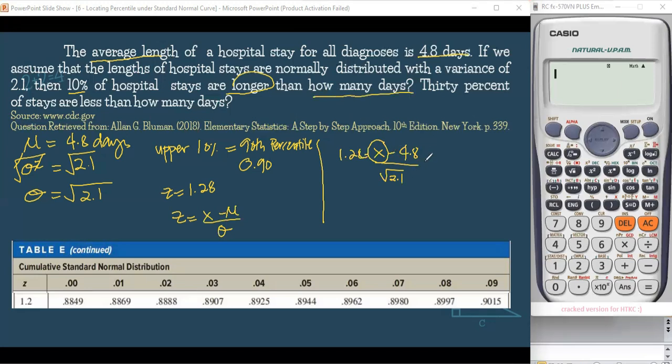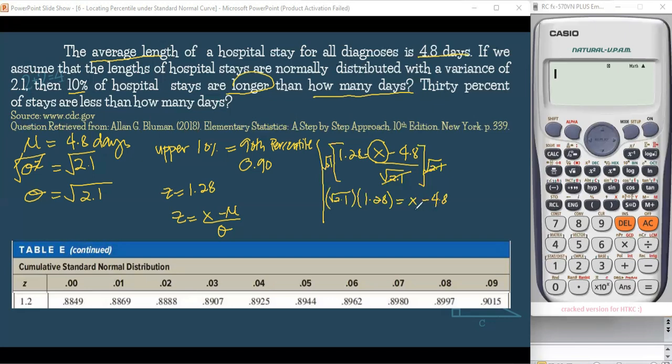Kaya ibig sabihin, para ma-isolate natin si X, kailangan po i-eliminate muna natin si denominator. So we can eliminate the denominator by multiplying both sides of the equation with the square root of 2.1. So makakancel na siya. So we have the square root of 2.1 times 1.28 is equal to X minus 4.8.